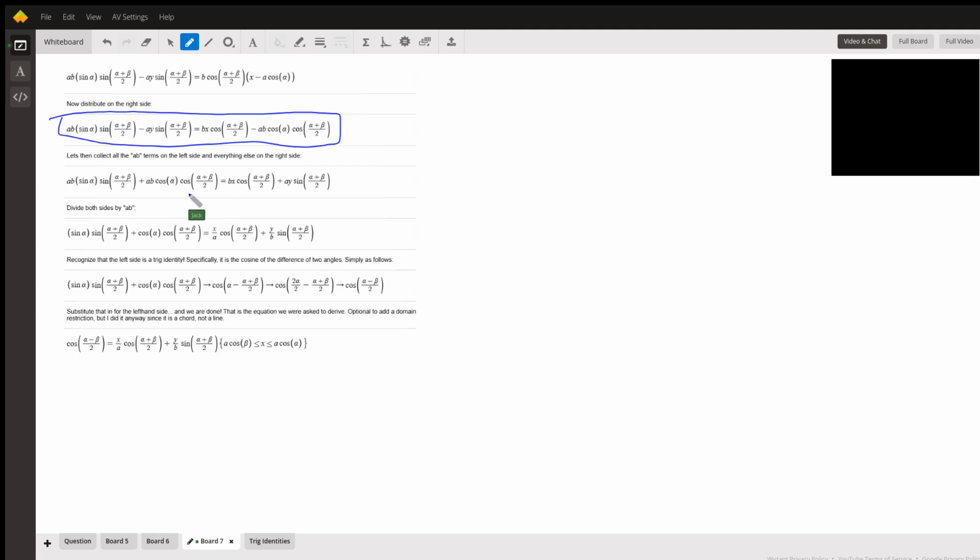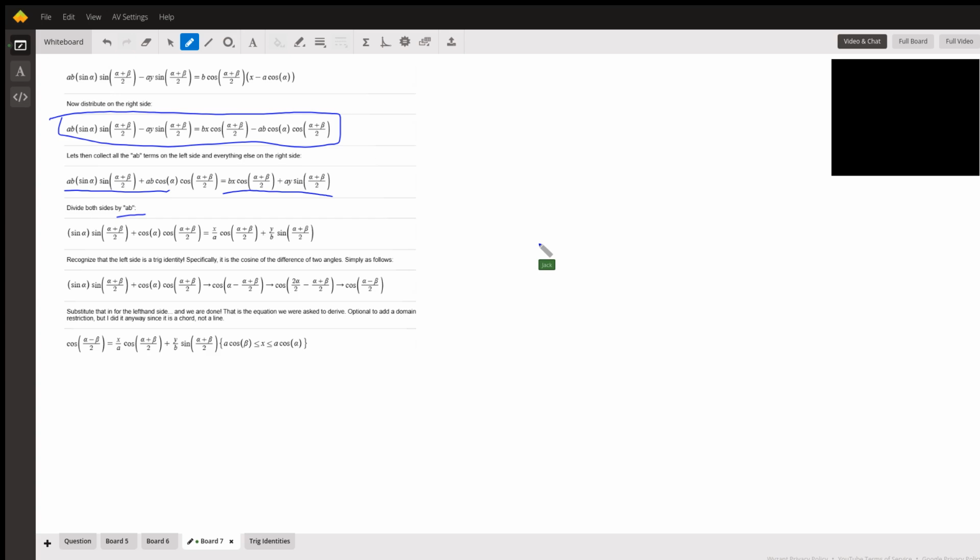Now, what we're going to do is collect the AB terms on one side of the equation and collect the x and y terms on the other side. Next, we're going to divide both sides by AB. This is to get rid of the AB on the left-hand side.